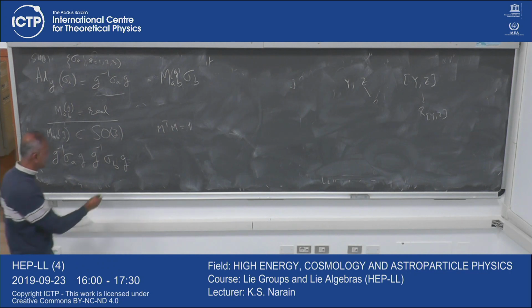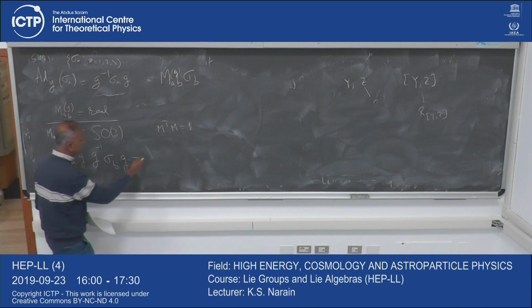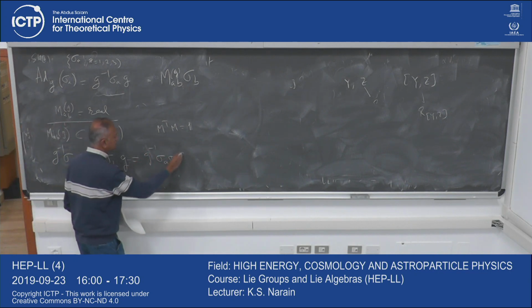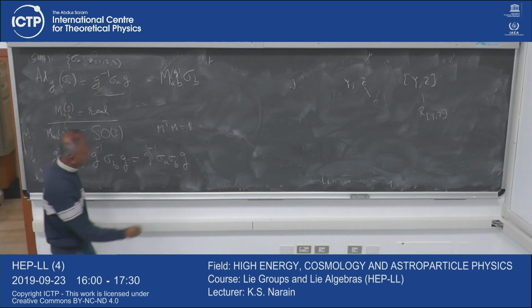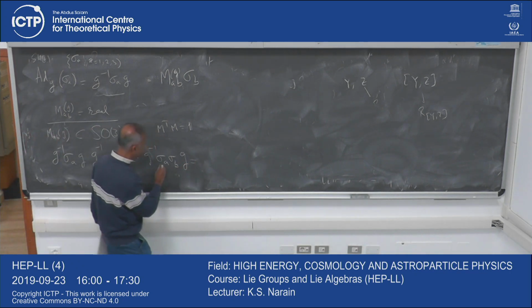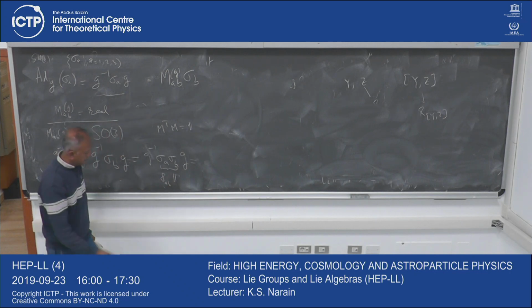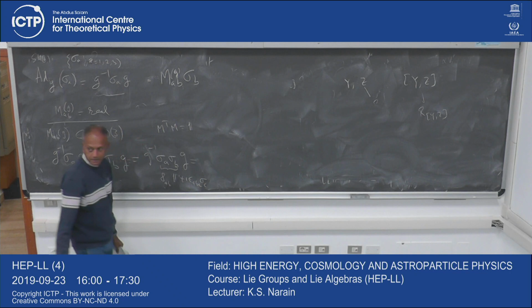So that's our aim, but let's start looking at this. Now this is nothing else but, the G inverse cancels, so you get here G inverse sigma A sigma B G. This one itself, sigma A times sigma B, is delta AB times the identity matrix plus i epsilon ABC sigma C. Correct.